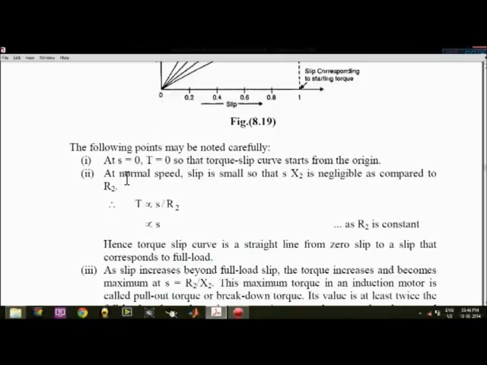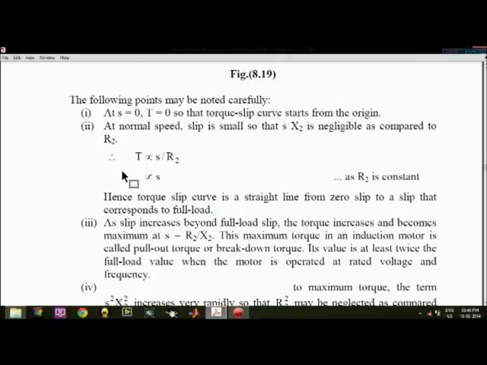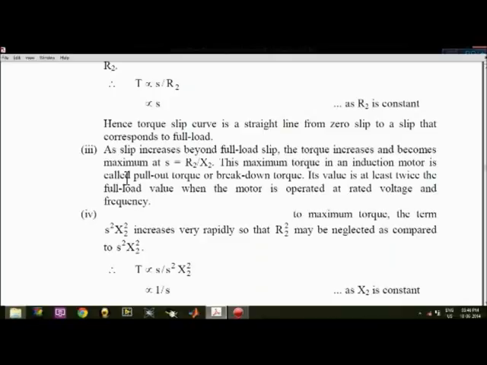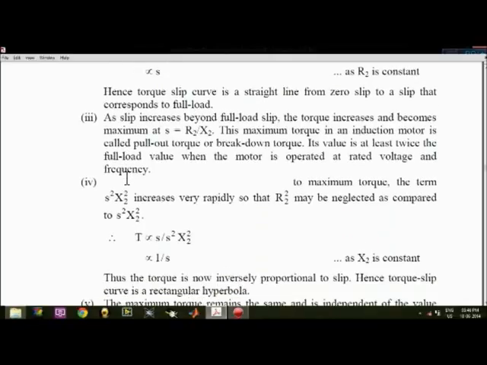As slip increases beyond the full load, the torque increases and becomes maximum at s equals R2 by X2. This maximum torque in an induction motor is called pull-out torque or breakdown torque. Now, beyond the maximum torque, the term s square X2 square increases very rapidly, so that R2 square may be neglected as compared to s square X2 square, and the torque is directly proportional to s by s square X2 square, which equals 1 by s.